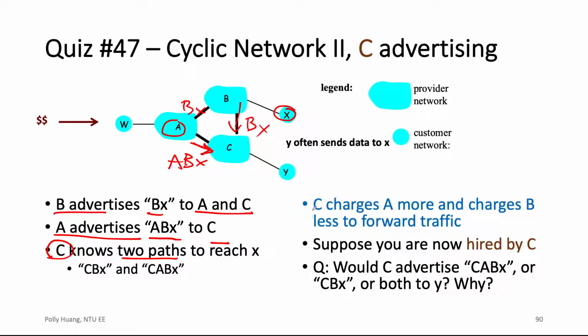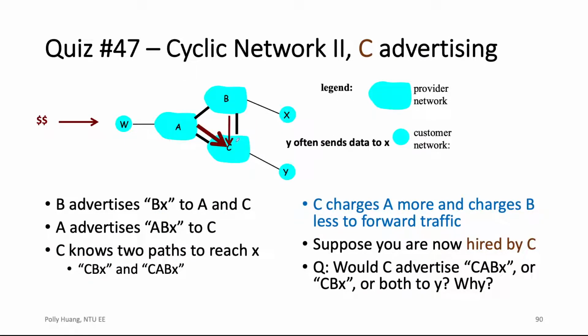All right, let's assume C charges A more and charges B less to forward traffic. So C is a super ISP charging both the neighboring ISPs for money to forward traffic.